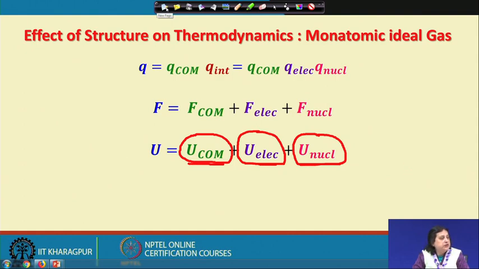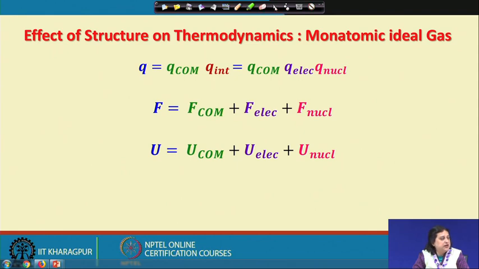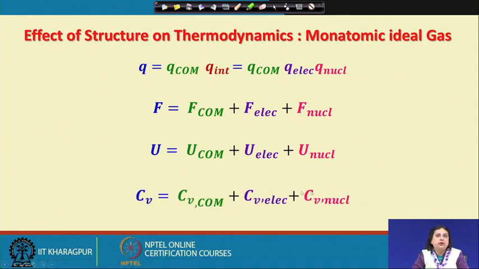And since U is related to the specific heat, I should be able to repeat exactly the same kind of partitioning in studying the property of specific heat, and we have already seen that there are three different such contributions possible.